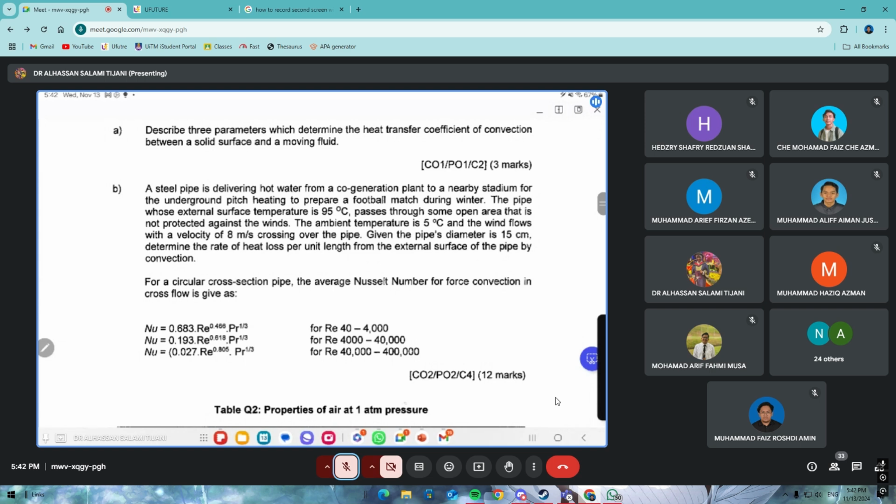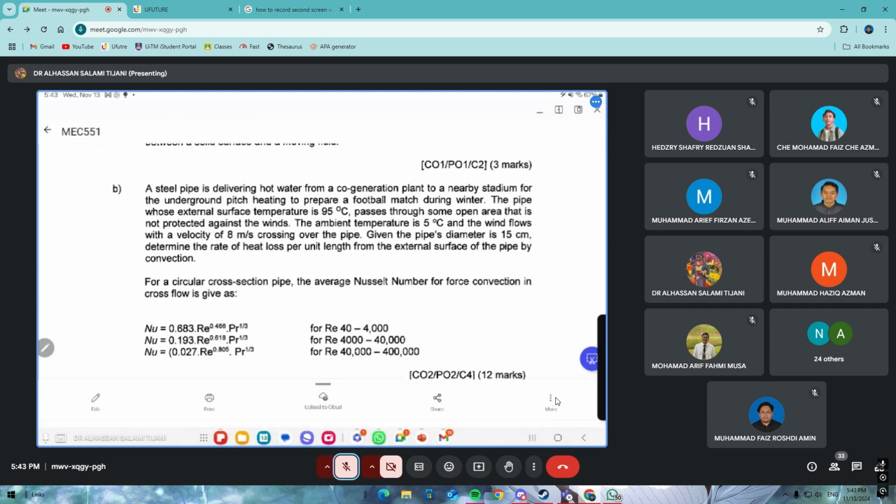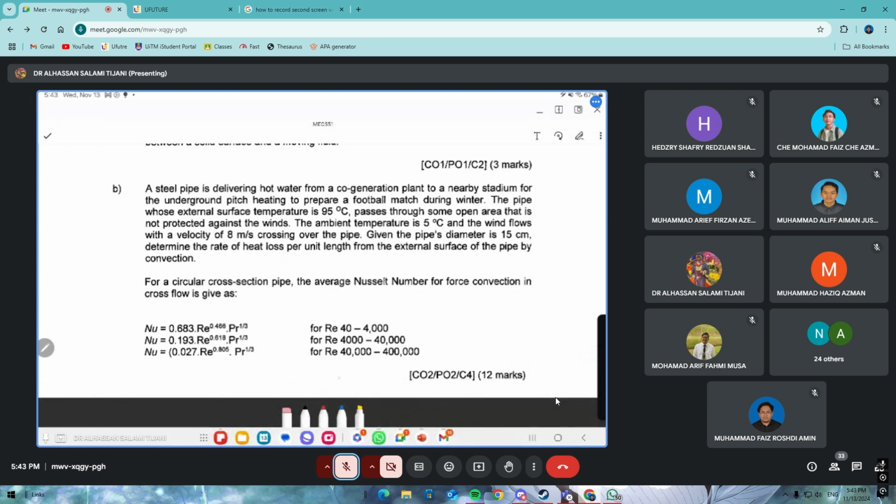So here we are given the various ranges of Reynolds number and the appropriate Nusselt number. You understand? So a very important thing, we need to calculate first Re.